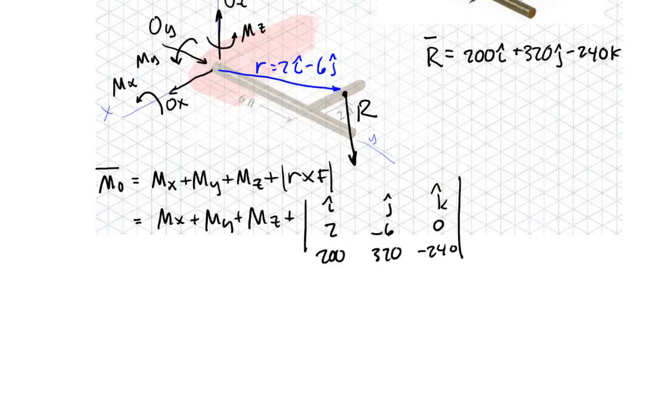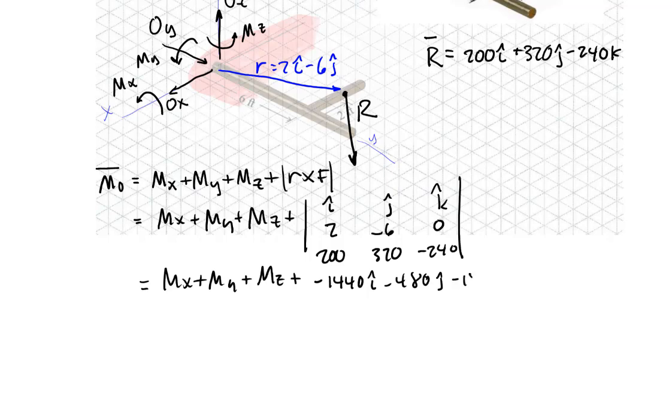That is going to be equal to Mx plus My plus Mz plus, and then if we do our cross product, you can see that this is negative 1440 in the i direction, negative 480 in the j direction, negative 1840 in the k direction. Now that is my total moment about O.